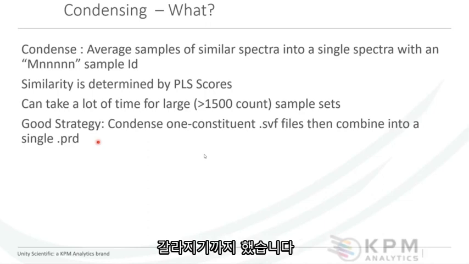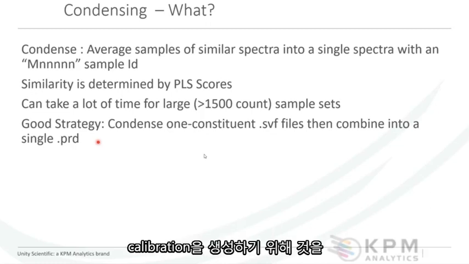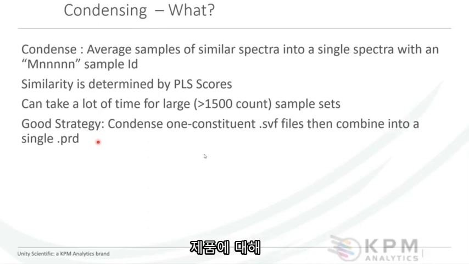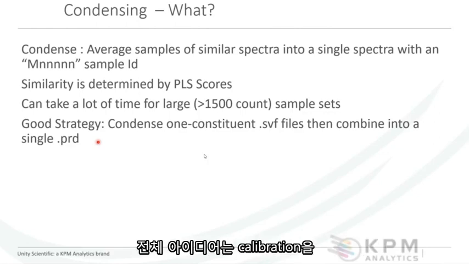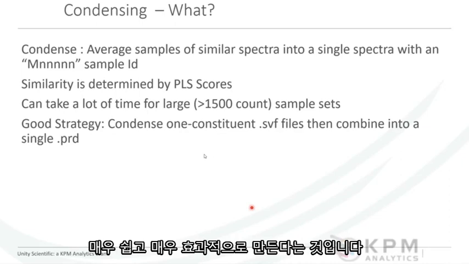And a couple of our customers have even diverged. They've kept their very large sample set for the main product, but they will condense, create a new calibration set, and then update it for an updated product, for example. So there are all different ways that you can use condensing, but the whole idea is that it makes it very easy and very effective to update your calibrations.